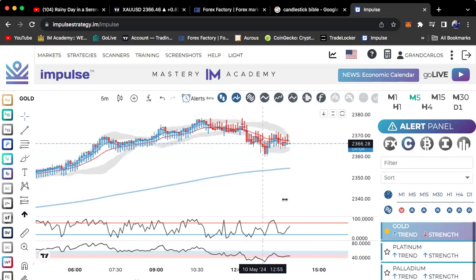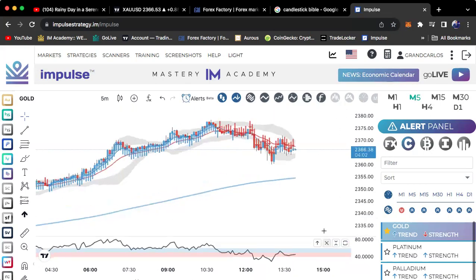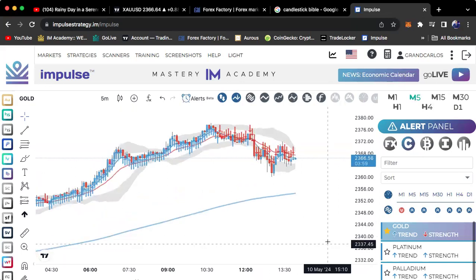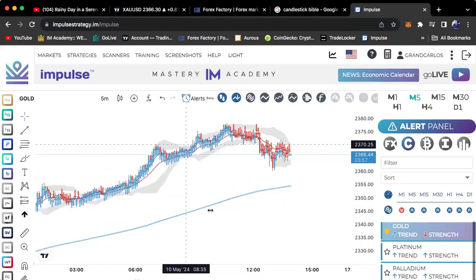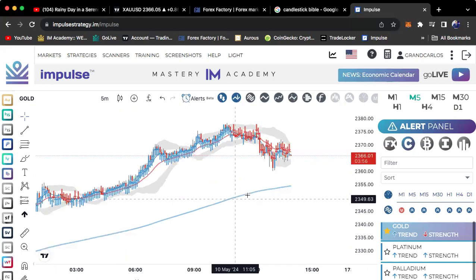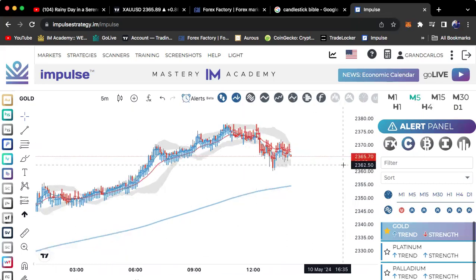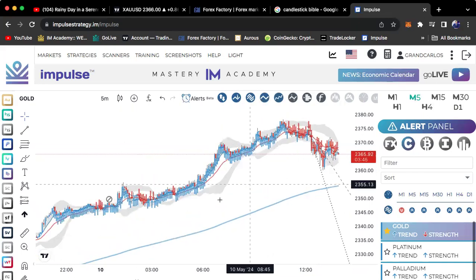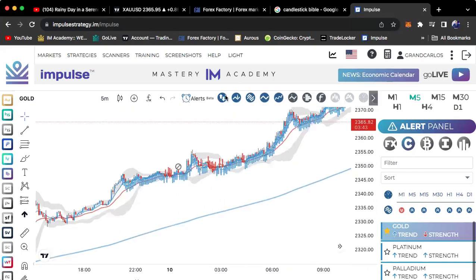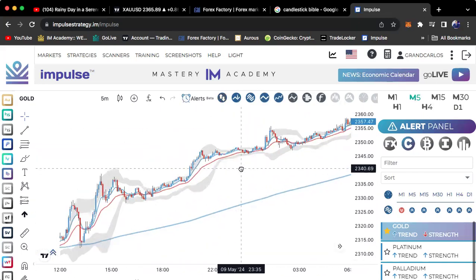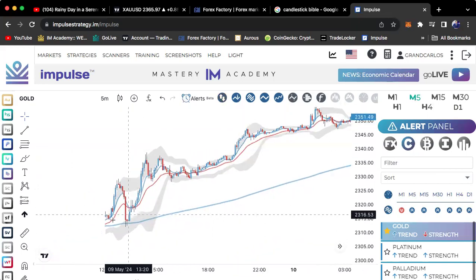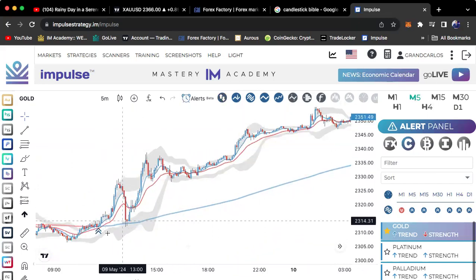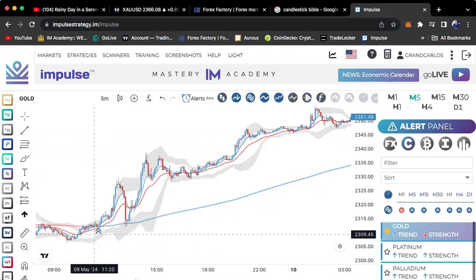You see at the 5-minute, it's giving me blue signals, right? Price is above this primary EMA line, so I'm looking for buys. So you gave me a blue microtrend arrow right here.